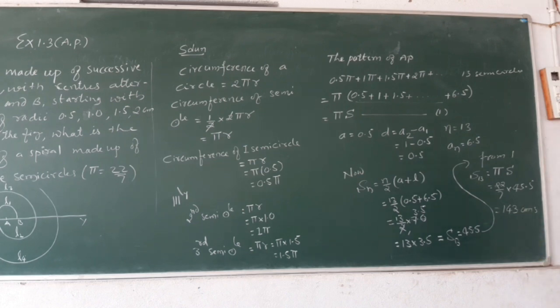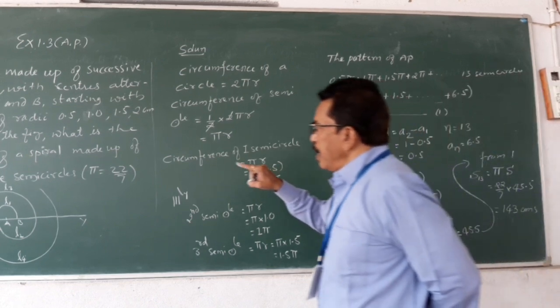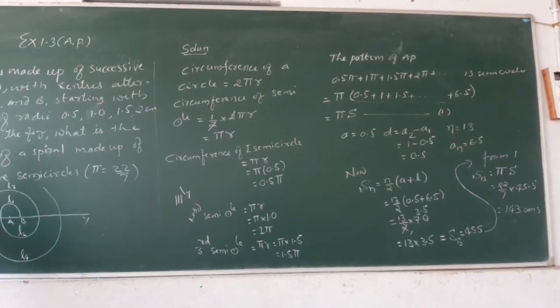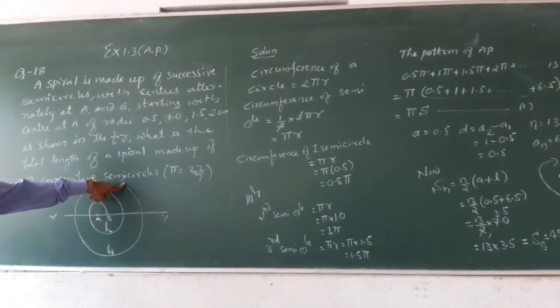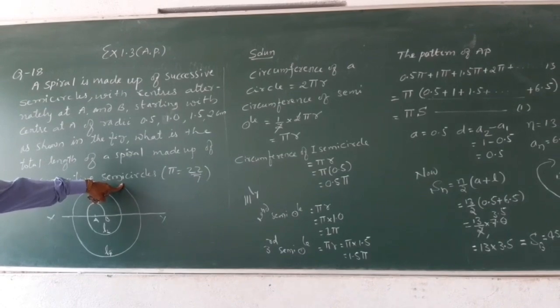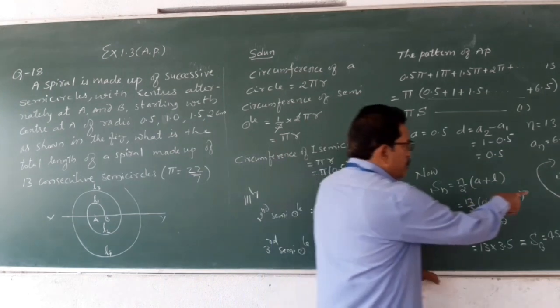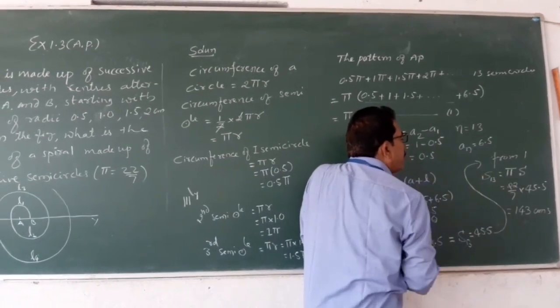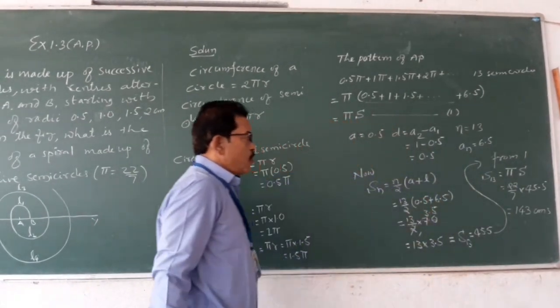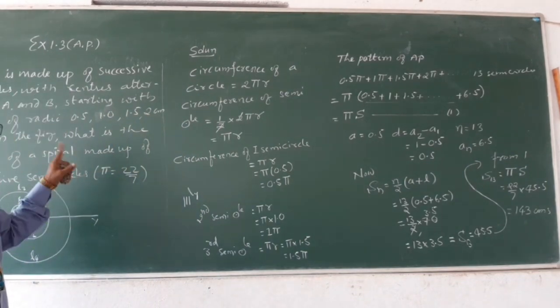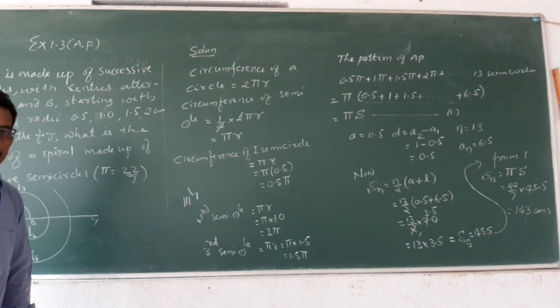This is the length of the 13 consecutive semicircles. From 1, S13 equals pi S, that is 22 by 7 into 45.5, equals 143 centimeters. See the solution once again.